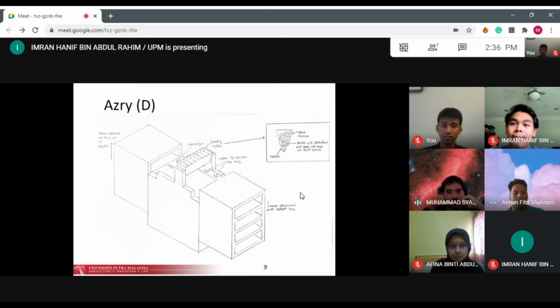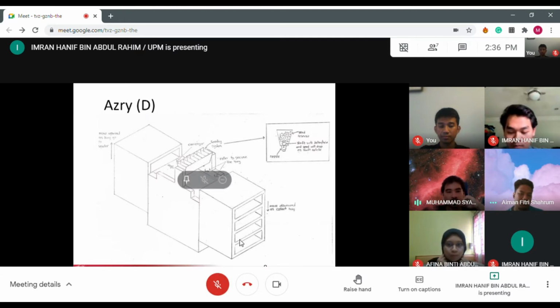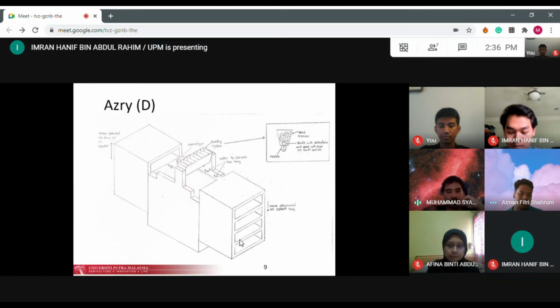The fourth one is AZRY, which is concept D. This one uses a series of hoppers that dispense seeds into a horizontal rotating shaft at the bottom, which has holes that dispense seed at each row. And then there's a tray reloading and unloading feature at both sides of the machine.